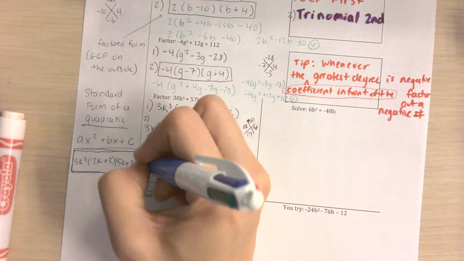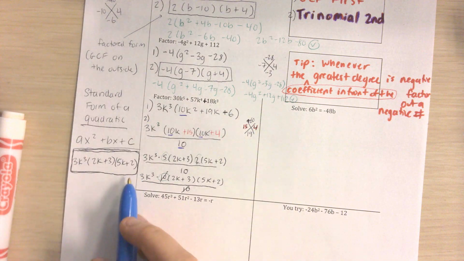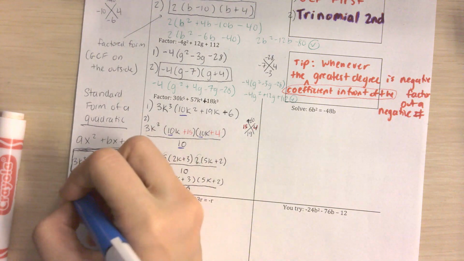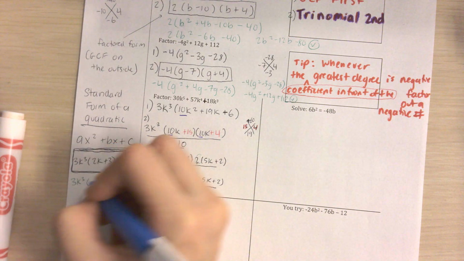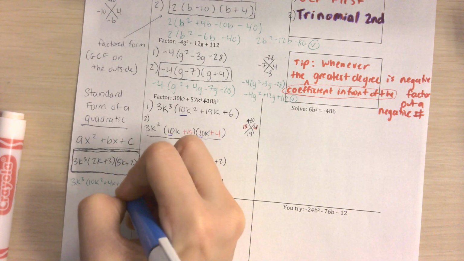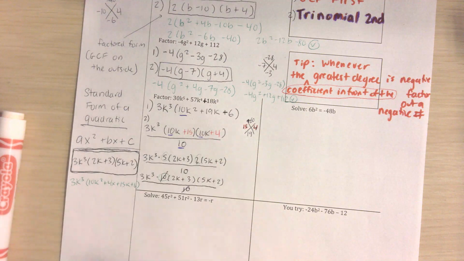We can always double check and multiply it back out to see if we get the same thing. So if we do 3k to the third times 10k squared plus 4k plus 15k plus 6, I just FOILed, or double distributed.